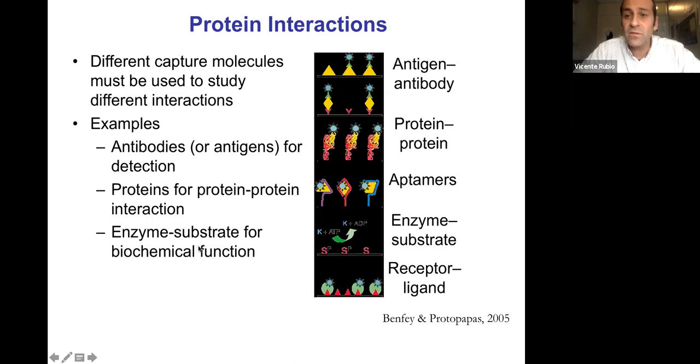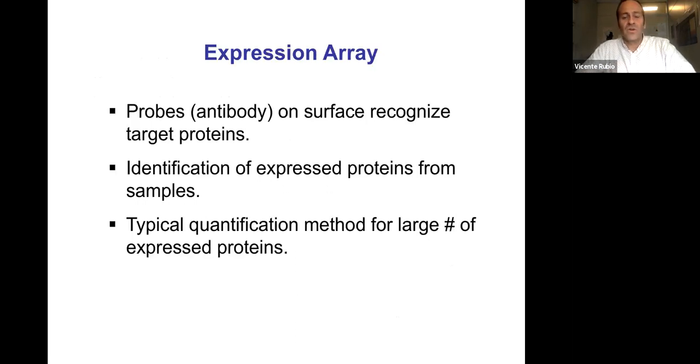We can provide to those protein arrays different substrates, labeled with a specific probe, and detect which proteins in that array are catalyzing or metabolizing that specific substrate. Okay. So there are some of these chips that allow for quantification of the abundance of a specific protein, which we call expression arrays.